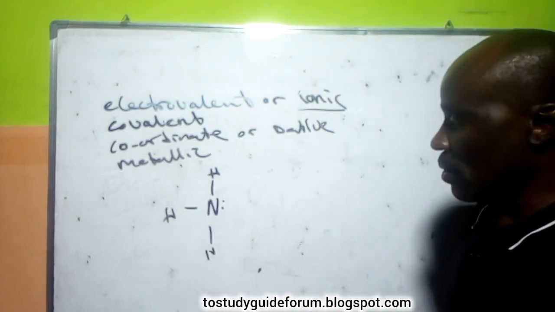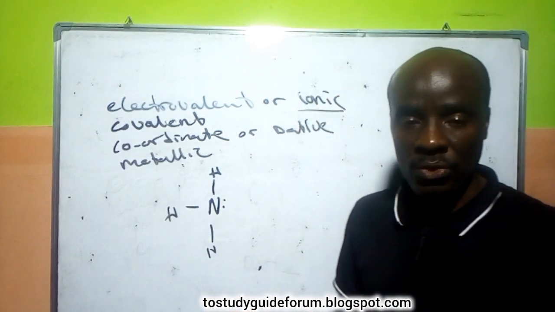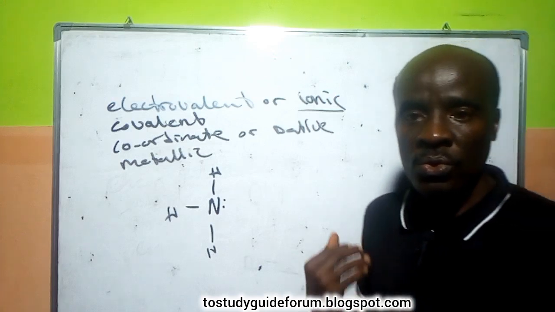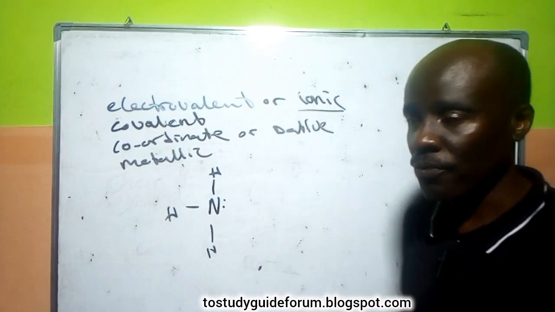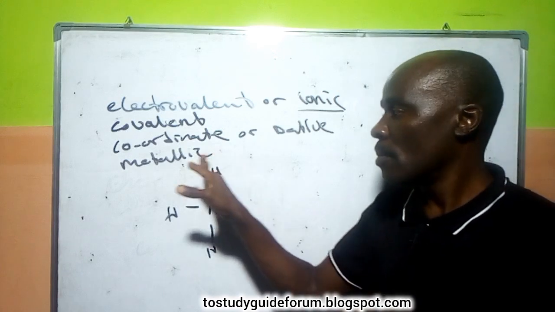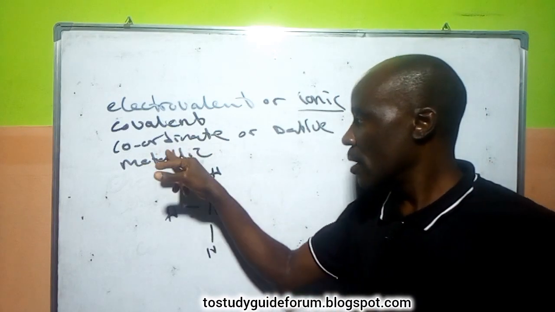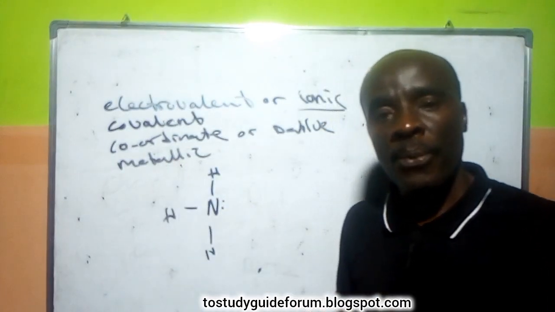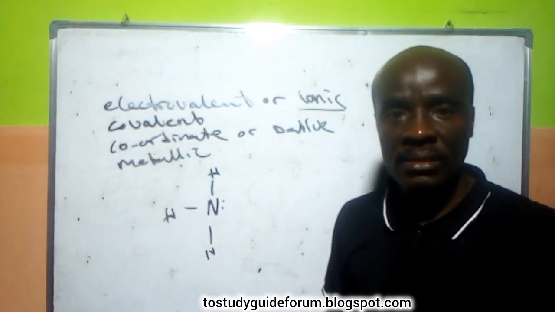In ammonia, it has a lone pair. This is a lone pair, that is unshared electrons. So this unshared electron now can be used to go into another kind of combination. That kind of combination is what we call what? The dative or coordinate bonding. Their properties or characteristics is similar to what we have in covalent bond.